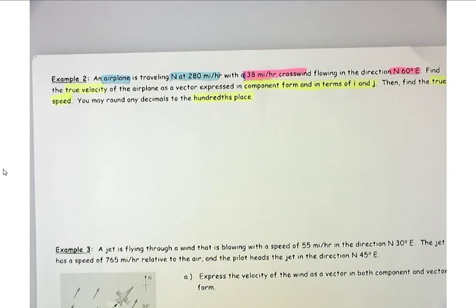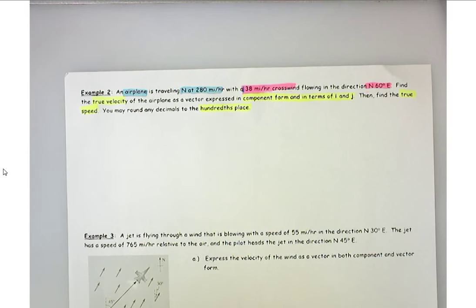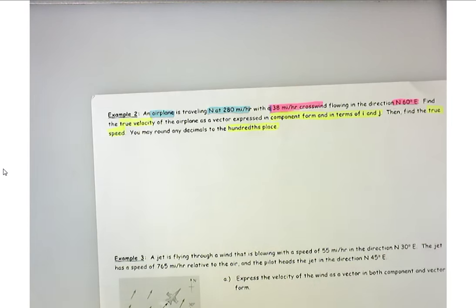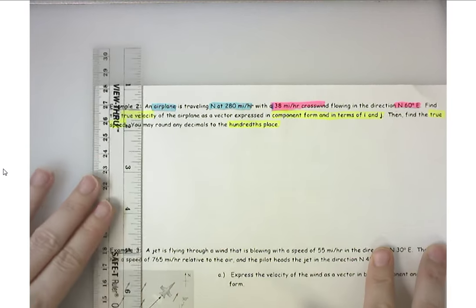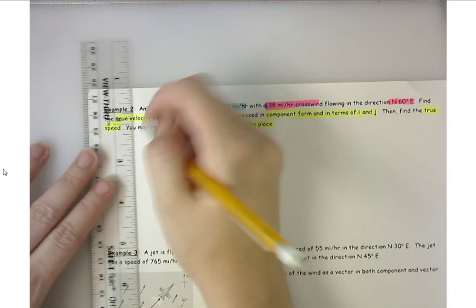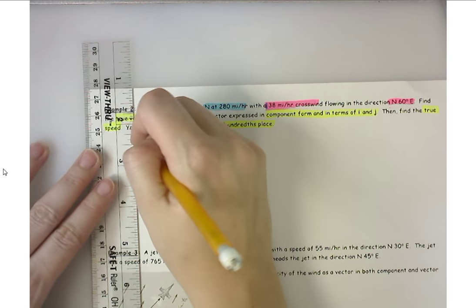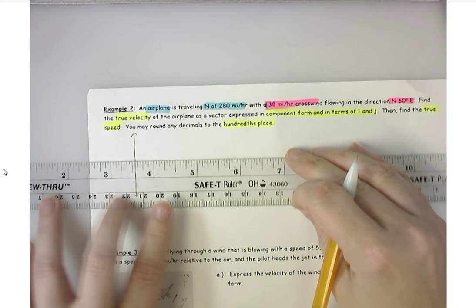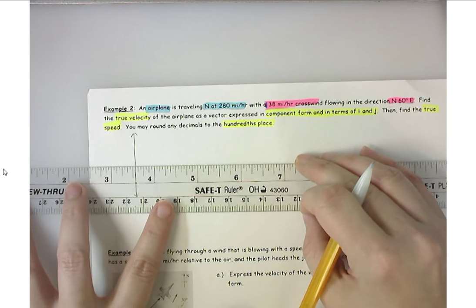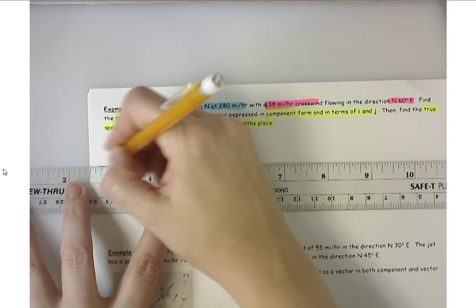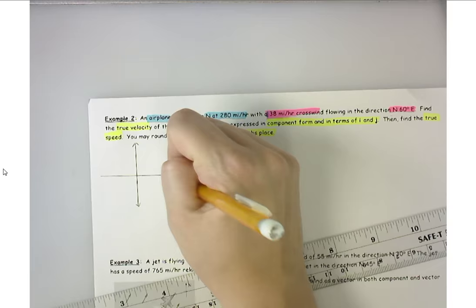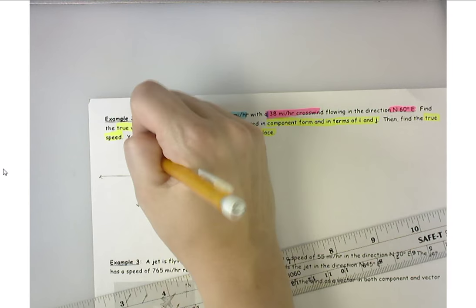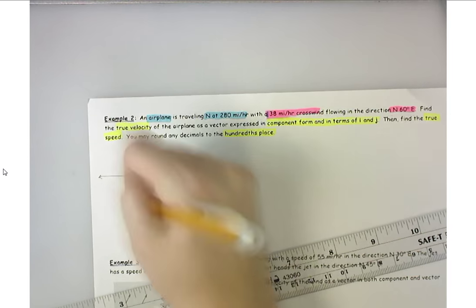Okay, so the first thing we're going to do is start with a picture. Always start with a picture. Okay, so we have the airplane that's traveling north.